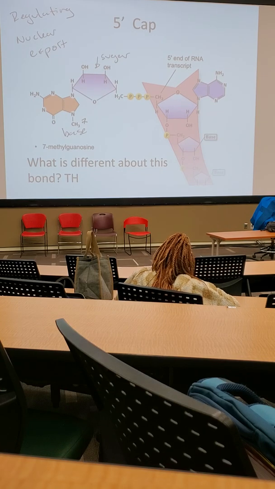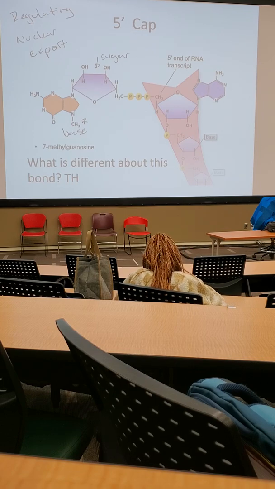Someone answered, they're looking at the phosphoruses. That's a good place to look. What about the phosphoruses, or the phosphates? It does have phosphates. All nucleotides have phosphates. All nucleotides are making phosphodiester bonds. So there's something else that's happening here.